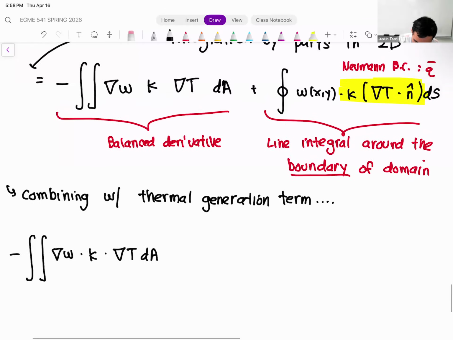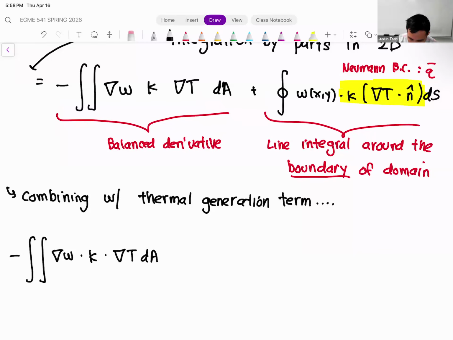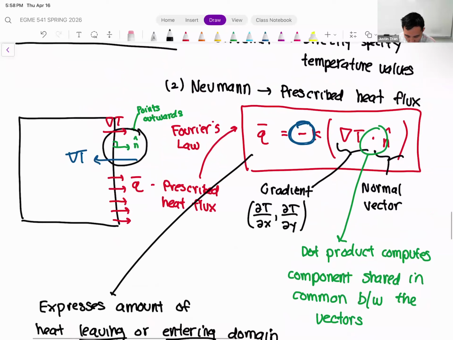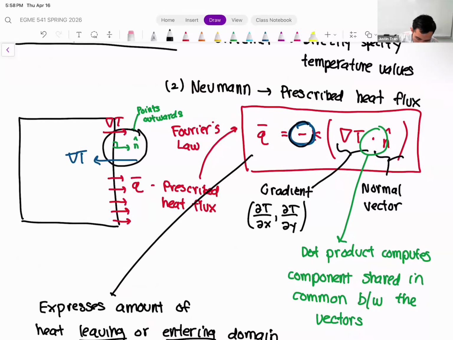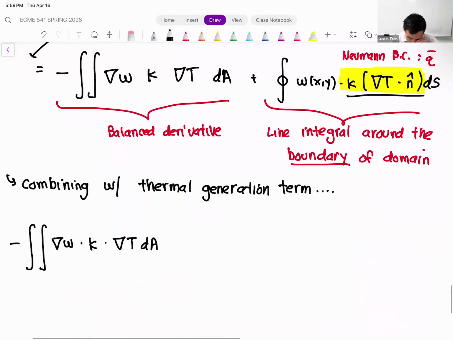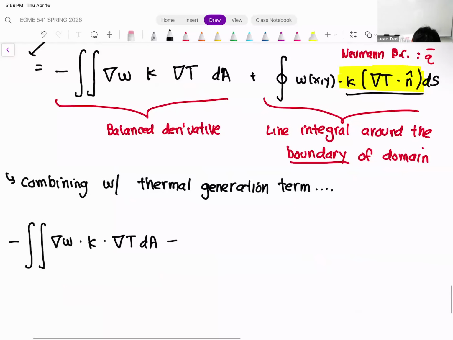And so, one subtle thing, I should have mentioned this up here. This term here is a positive k gradient of T dot product with n. If you go back up to our Fourier law, going back to the question that was asked earlier about the direction, remember there's a negative that comes out in front here. So we need to make sure we account for that negative down here as well. So we plug in for that, we actually get a minus line integral around the boundary, w of x and y times q bar.